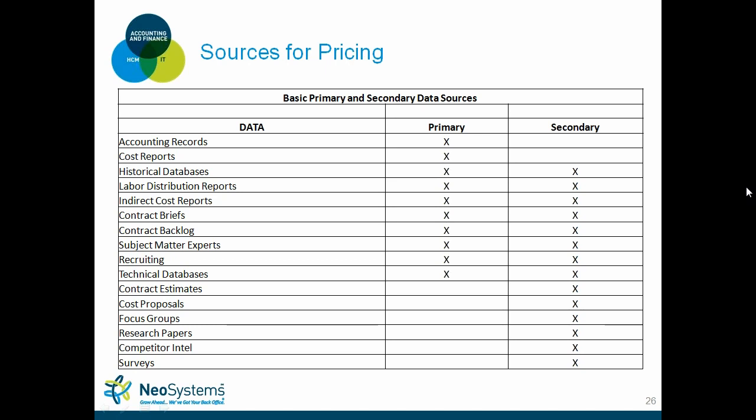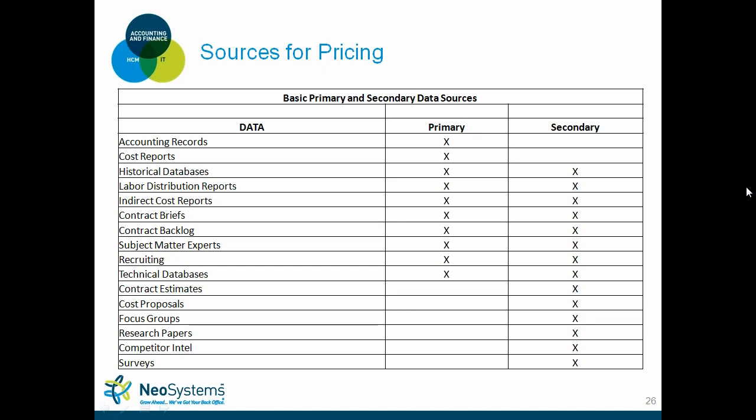For those on the advanced accounting system, if you have indirect cost reports printed out, those are good. If you maintain them on a spreadsheet, they work as well. Obviously, having SMEs, recruiting, and technical bases are all really primary sources for pricing and developing the cost volume.